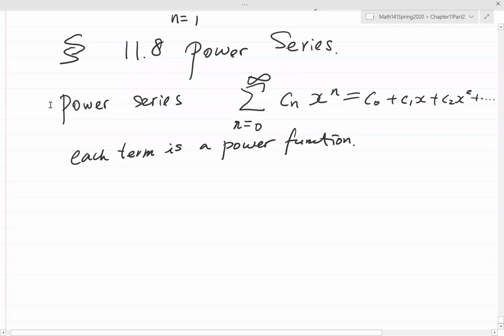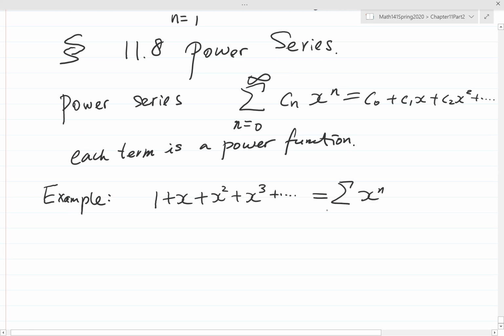Okay, some examples. We have actually already seen a power series. For instance, 1 plus x plus x squared plus x cubed, etc., which is the sum of x to the power n from 0 to infinity.